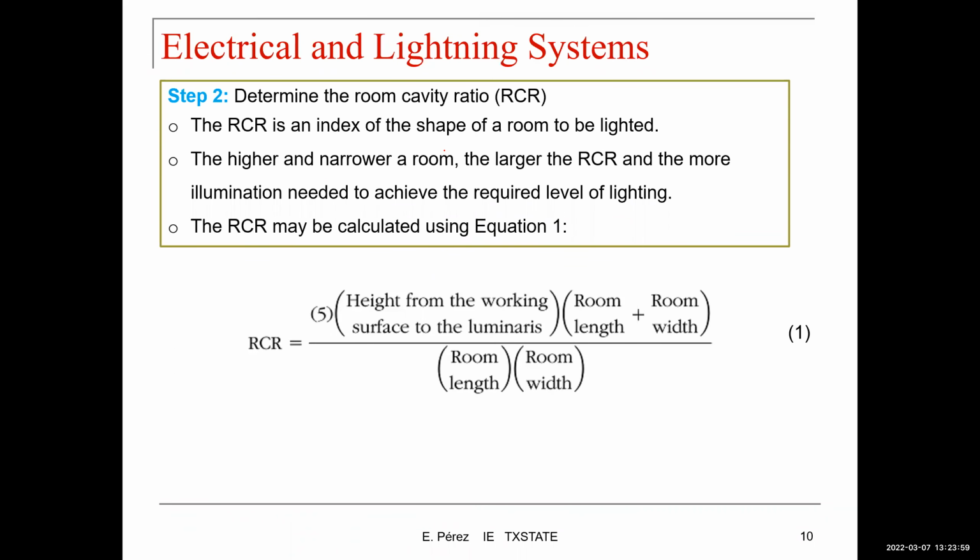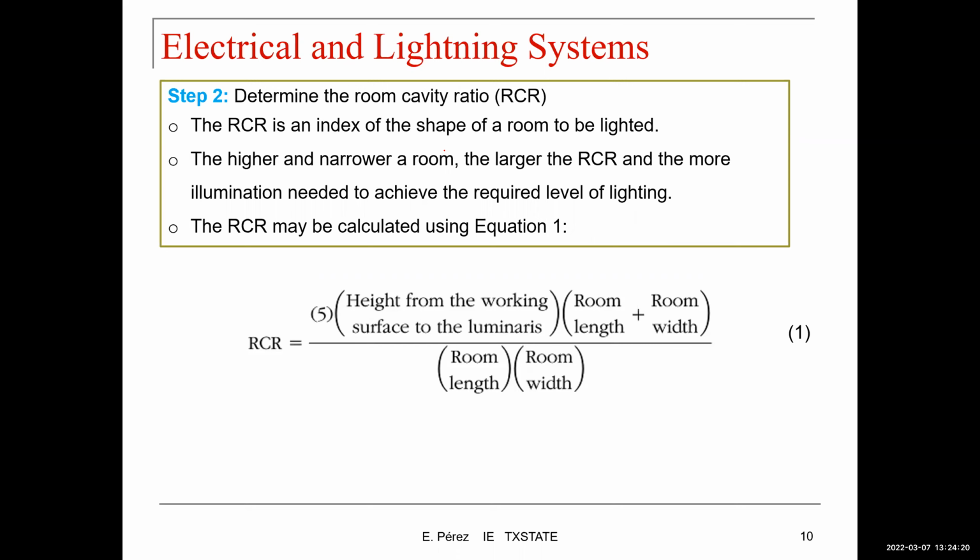Step 2 is to determine the room cavity ratio, RCR. This is an index of the shape of a room to be lighted. The higher and narrower the room, the larger the RCR, and the more illumination needed to achieve the required level of lighting.